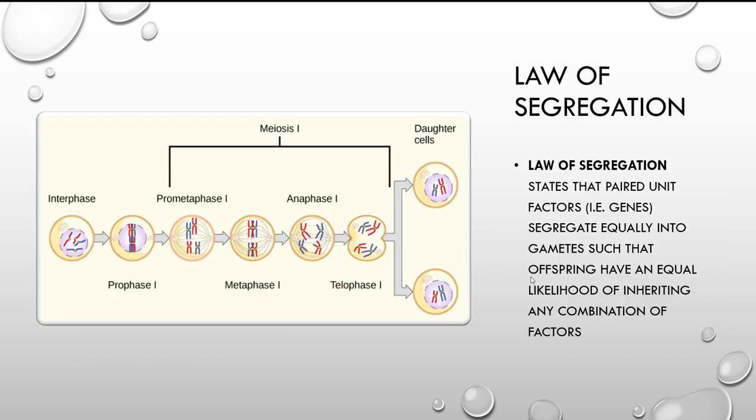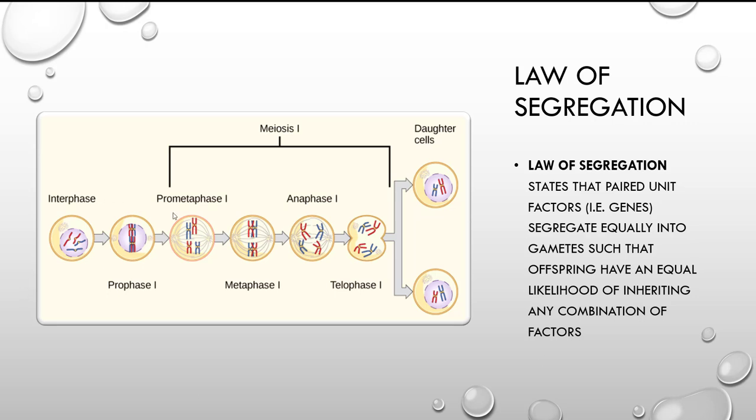That is all due to another law of genetics called Mendel's law of segregation. Mendel's law of segregation states that paired unit factors, such as genes, segregate equally into gametes such that offspring have an equal likelihood of inheriting any combination of factors.